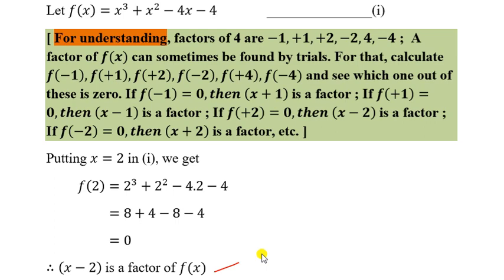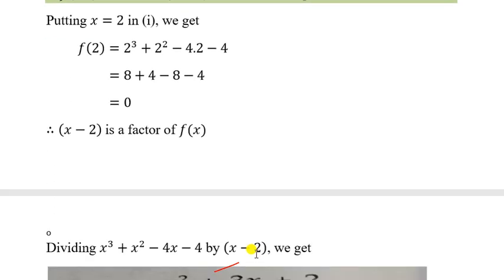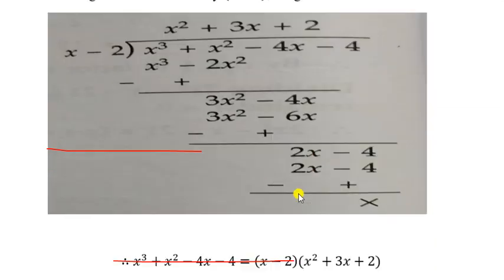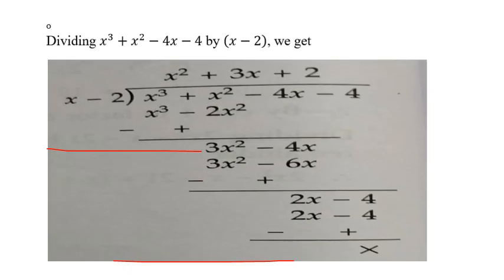How? By division. See here, x minus 2 is a factor. Now we'll divide our given polynomial by x minus 2. If we divide, we always try to make our first term.